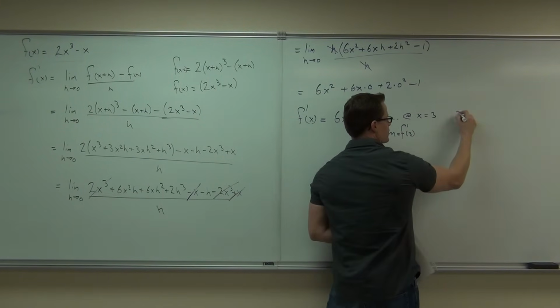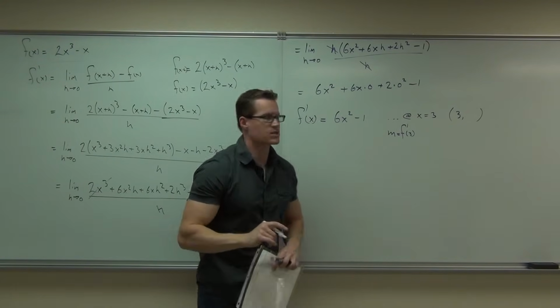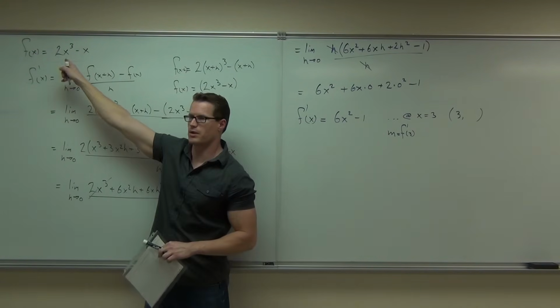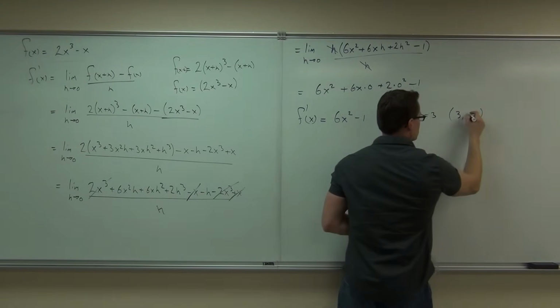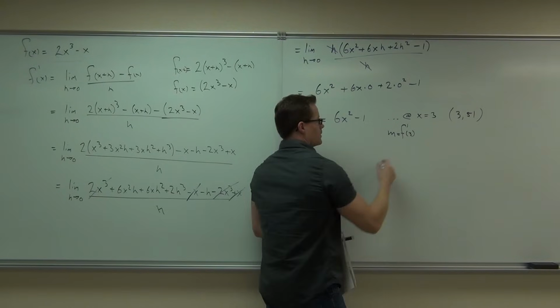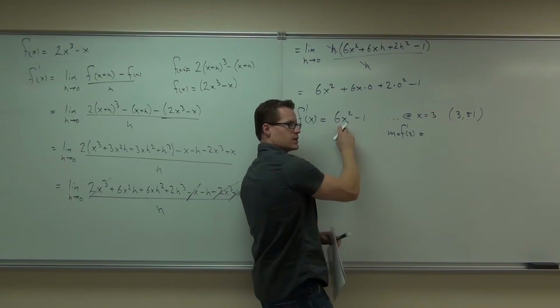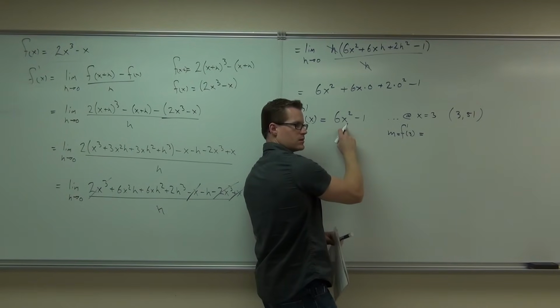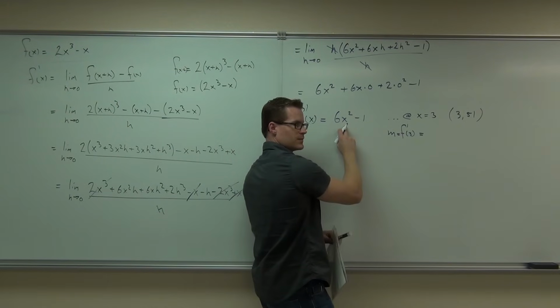The point is going to be 3 comma whatever you get when you plug in that point. In our case, if I plug in 3, tell me what I get when I plug in 3. 51. The slope would be when I plug in 3 here. If I do that, I'm going to get 53.